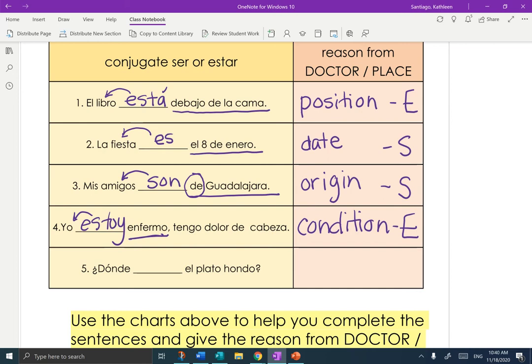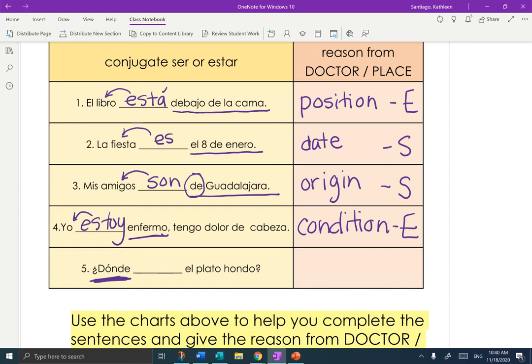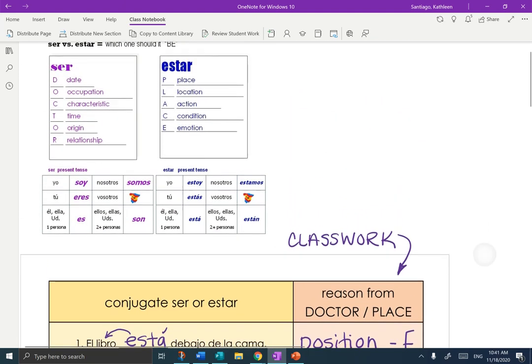Número 5 is actually a little bit tricky. Dónde blank el plato hondo? Well, here the information is the question word dónde. Think back to your question words from 7th grade. Dónde is the question word where. So where, the answer should be a location.